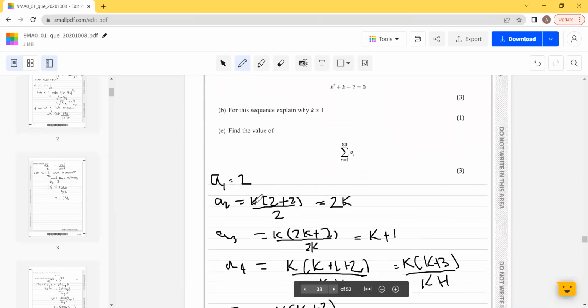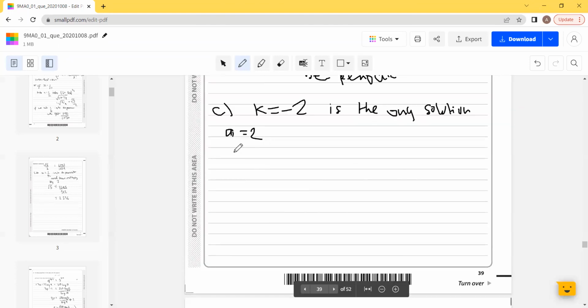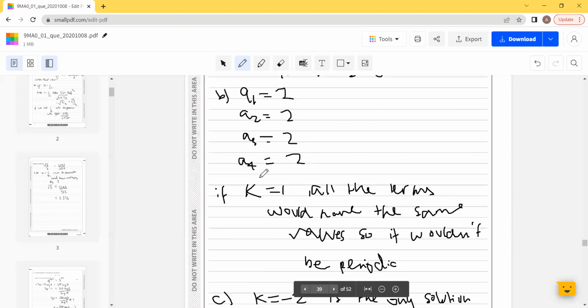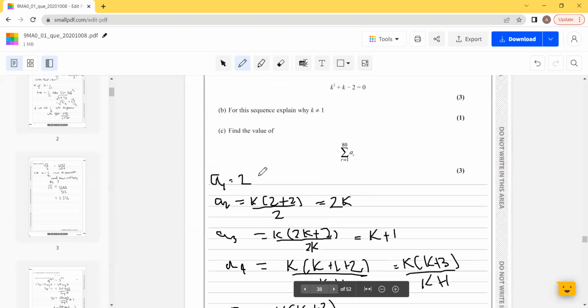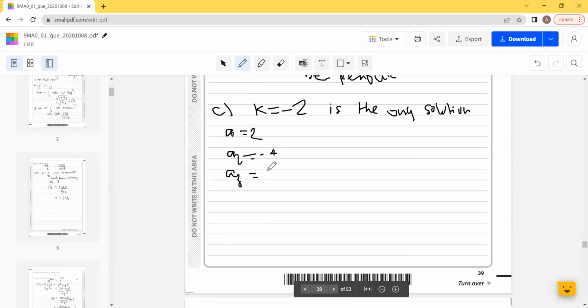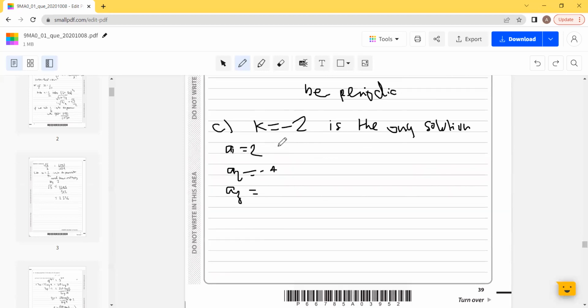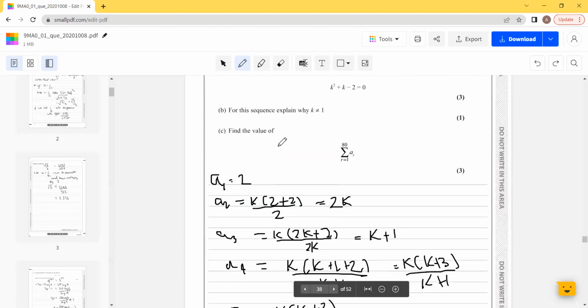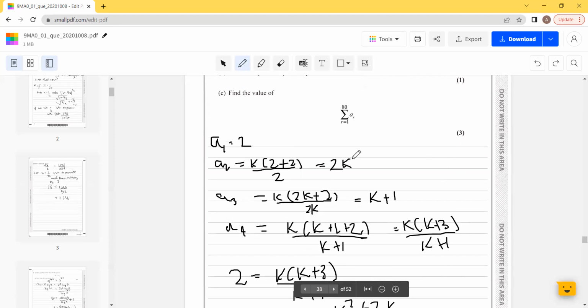And we know that a2 is equal to 2k, so with k equal to -2 it will be -4.